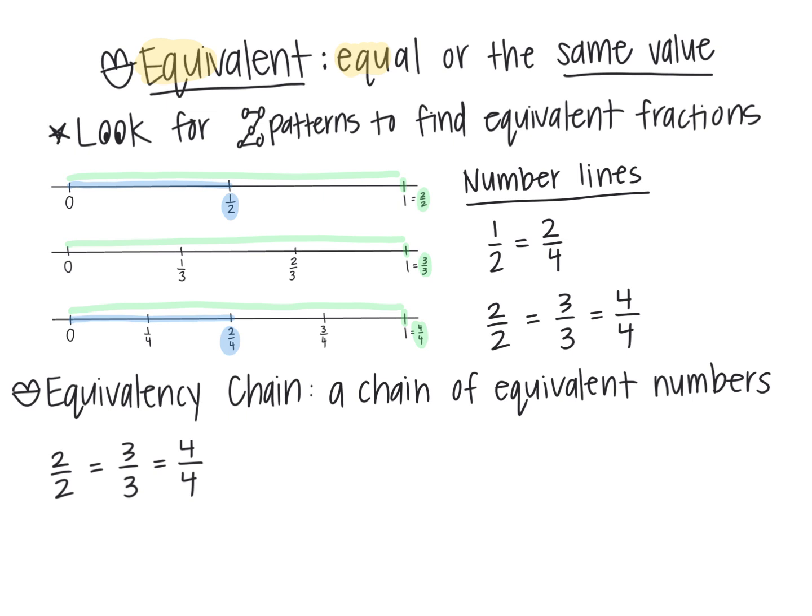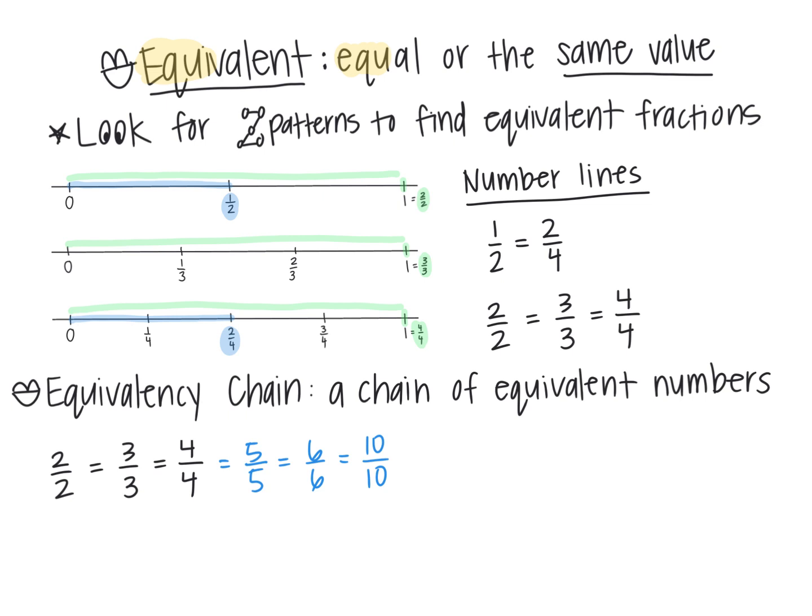What else could we add to this chain to make it even longer? Well, 5/5, 6/6. What if we went out of that order and said 10? What would go on the bottom? 10, right.